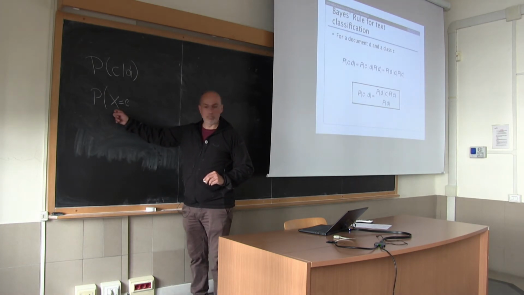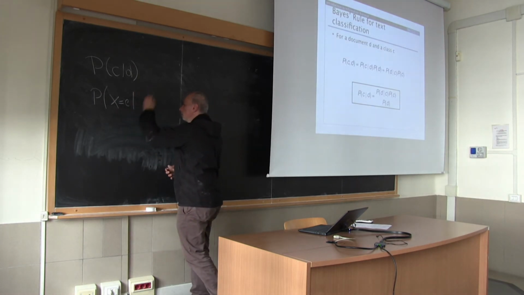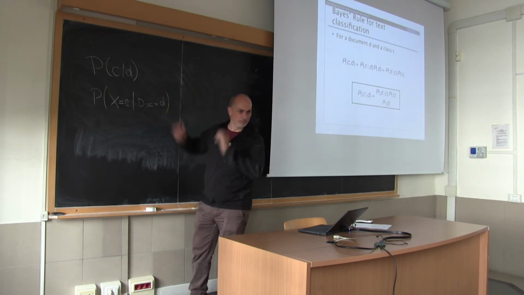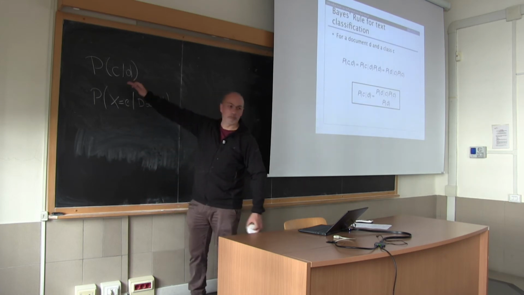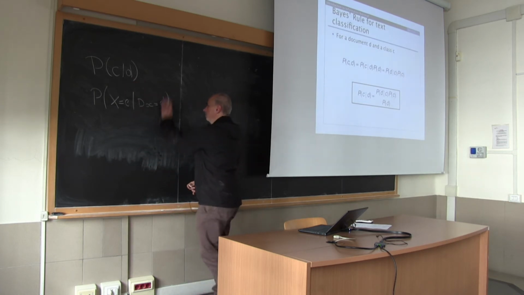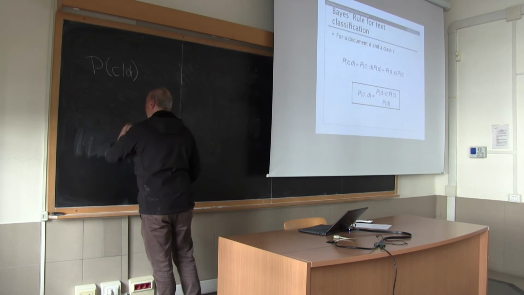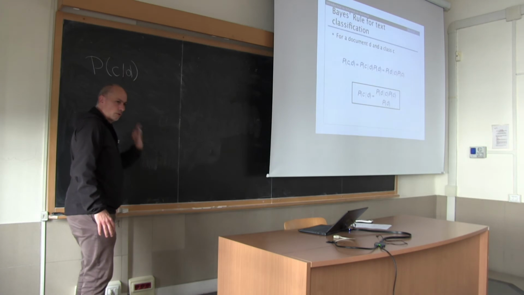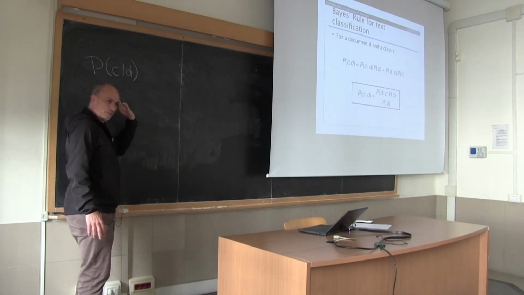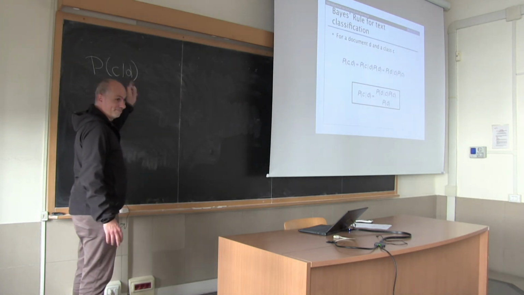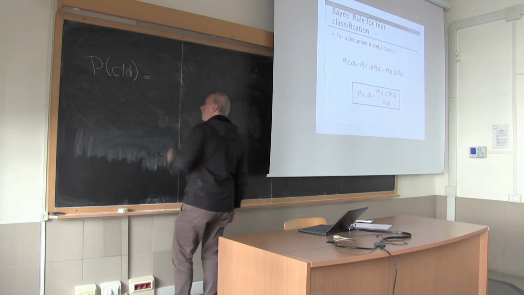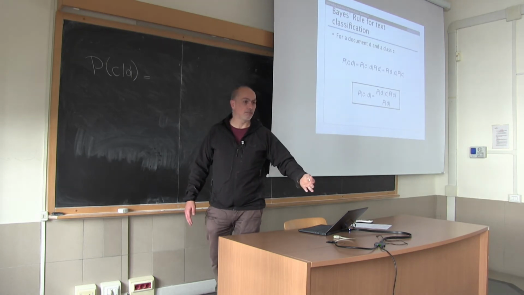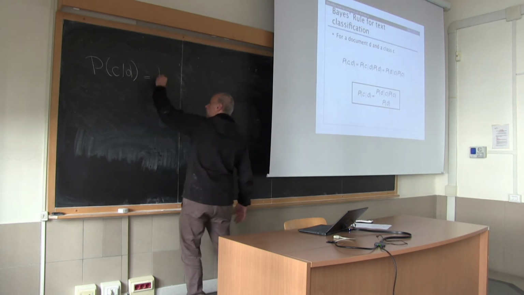The class of the document is C, given that doc equal to D. Something a bit more complicated, but very often it's common you use this type of shorthand. Good. Now, do you agree that this is what we would like to compute, right? But this is what we have. So, we apply again Bayes' rule. I have already forgotten Bayes' rule, and I have to deduce it every time. So, good exercise.